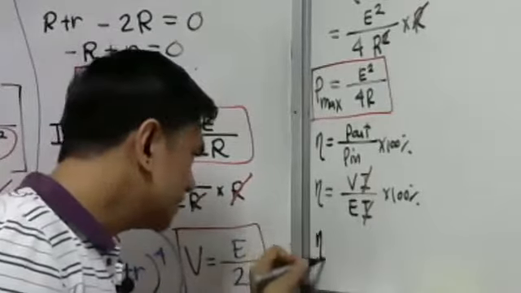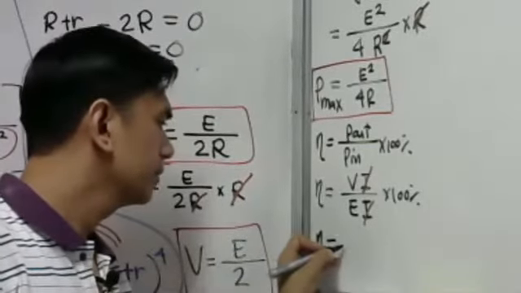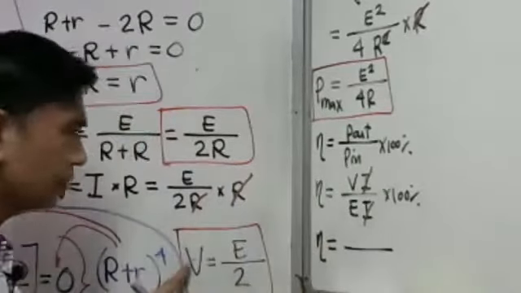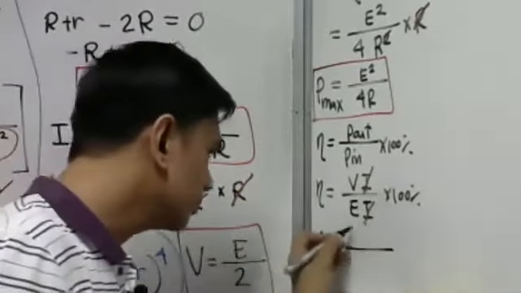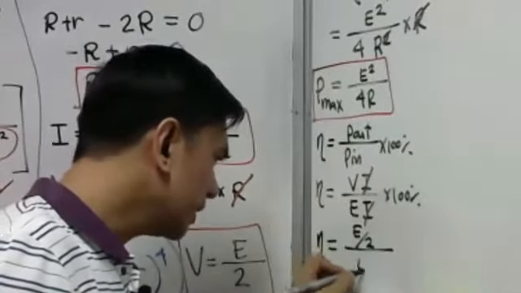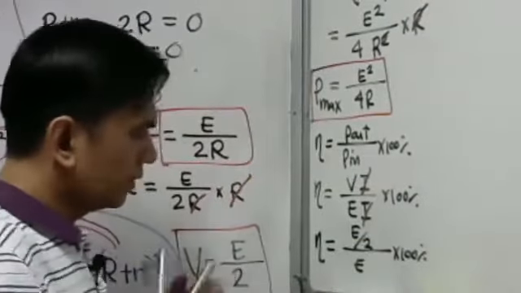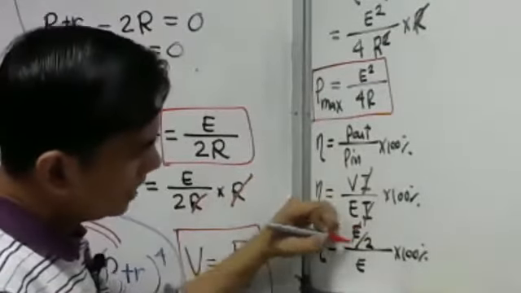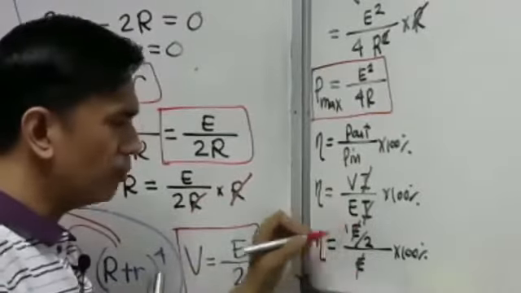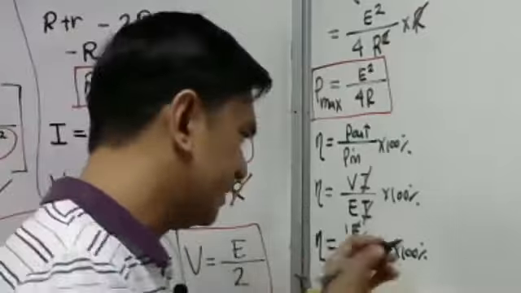Then our efficiency is equal to what now? What is our V? That is E over 2. E over 2, then over E, times 100%. So, by algebra, this will cancel out our E. That will just become 1/2 times 100%, or simply 50% efficiency.